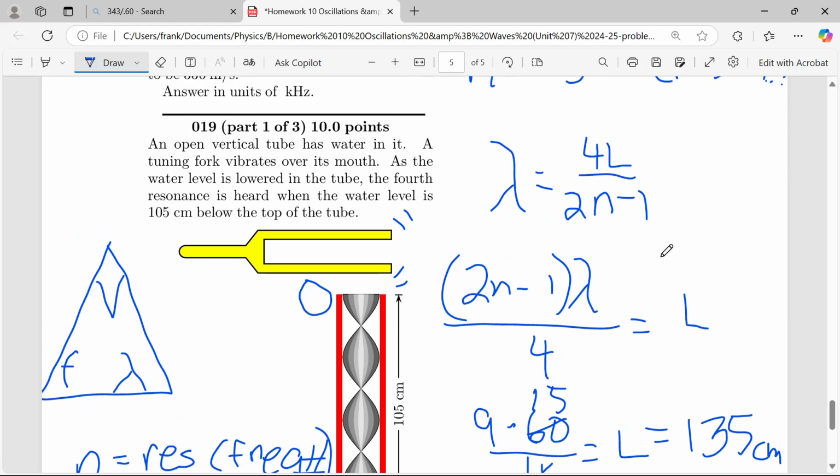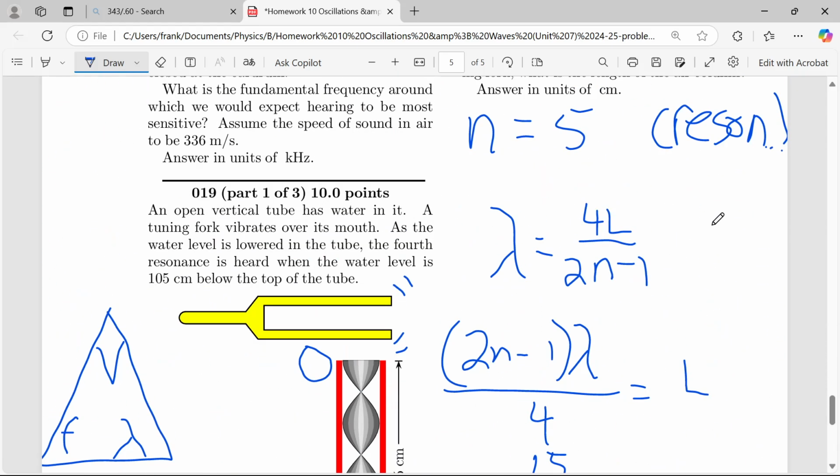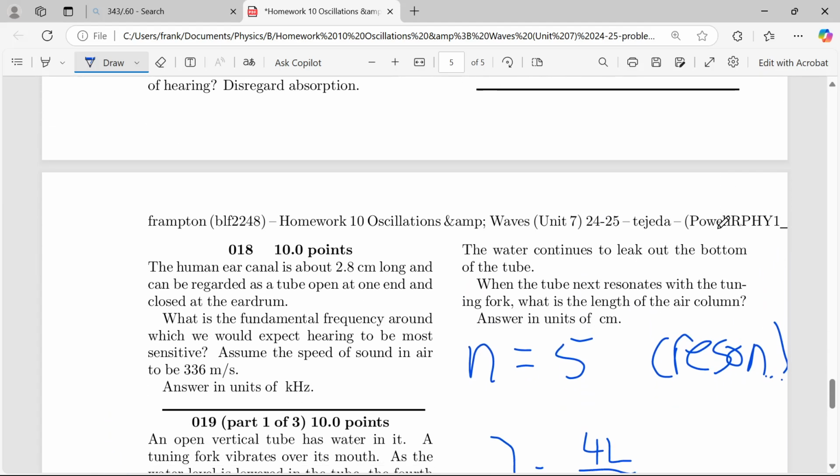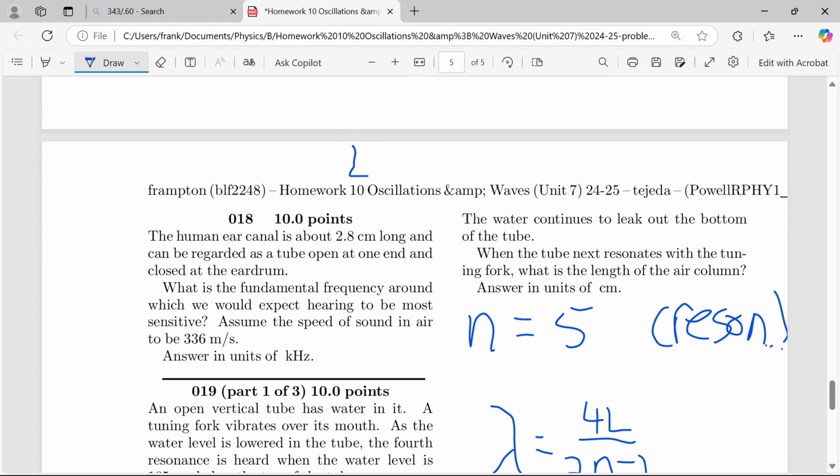Now let me expand this page just a little bit. I can't expand this page. I thought I was in a different program. I need to find a blank space. Another way, I guess I'll do it up here. Another way is I could write the L at one resonance equals the L of the previous resonance plus wavelength over 2. Now some people write this as the length equals the initial length plus N minus 1 times wavelength over 2, where N is the resonance number.